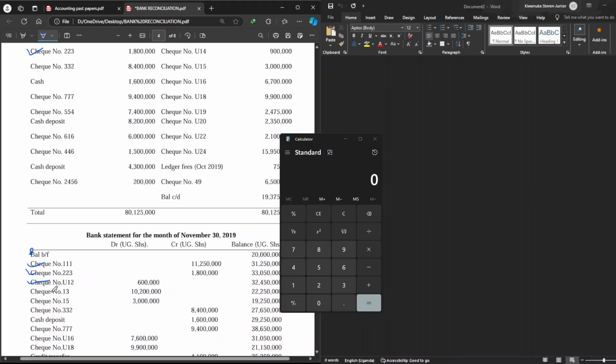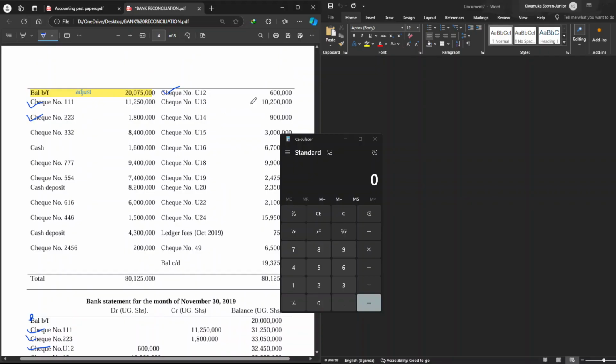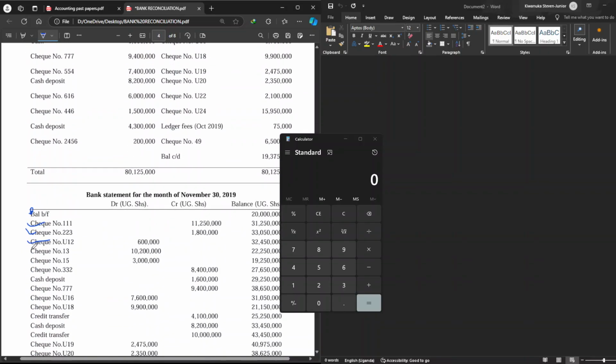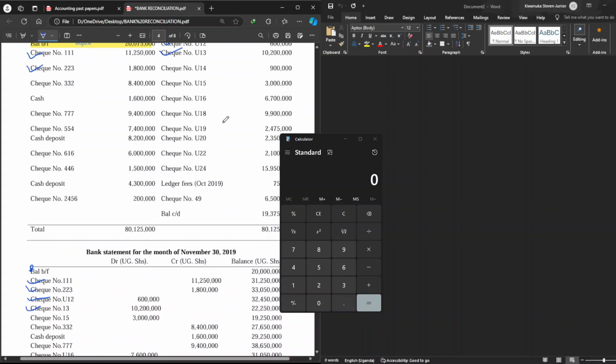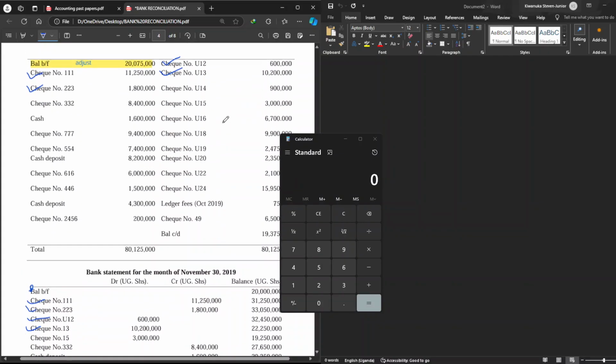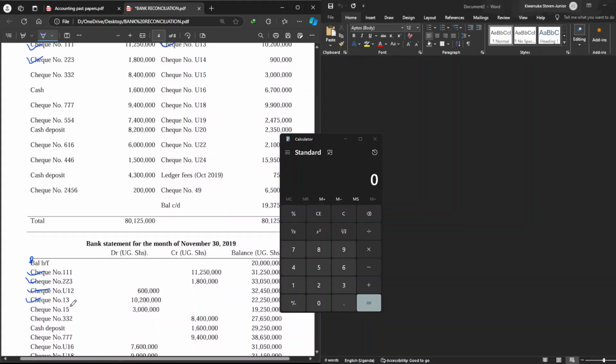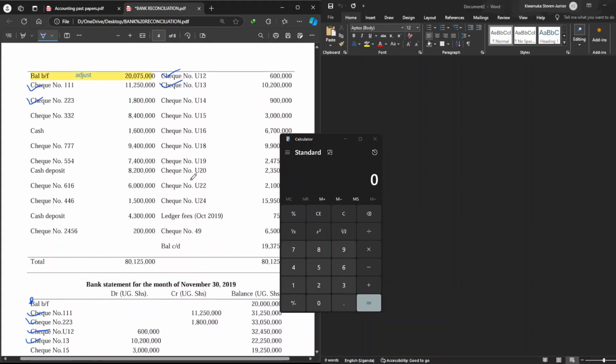So we come to check number 13, 10.2 million. It's on the debit side, so we check here credit side, 10.2, it is there. So we'll tick, and we'll come here and we tick it. Check number 15, it is on the debit side. We come this side, the credit side, check number 15. We should be very careful.